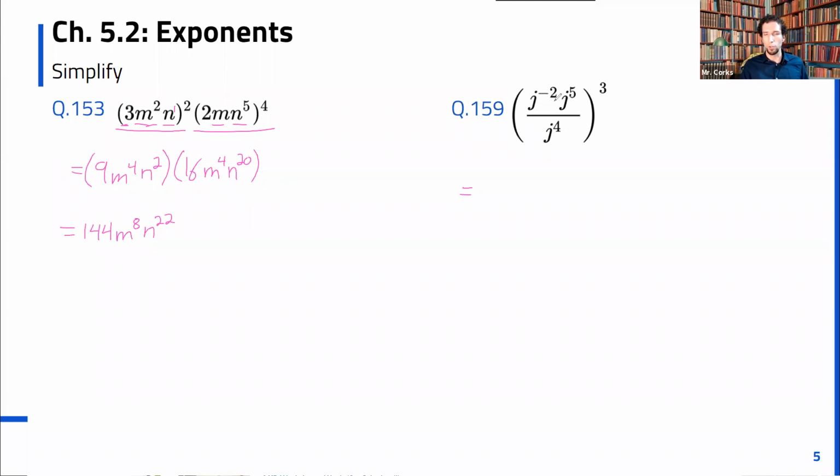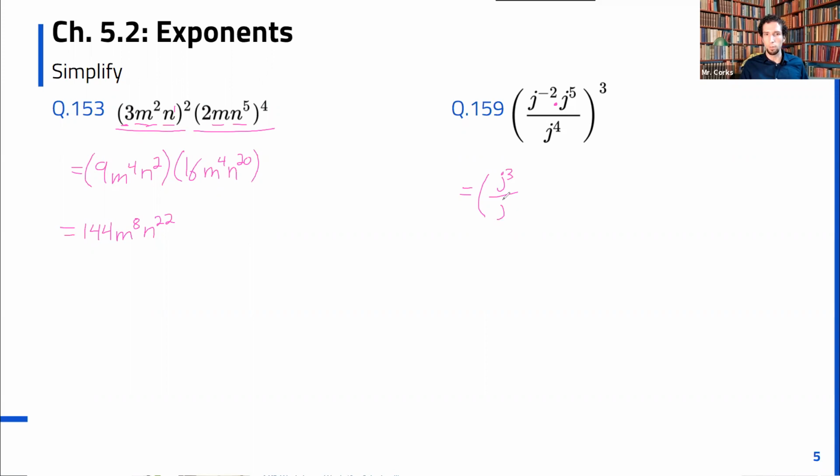So j to the exponent -2, j to the exponent 5. What are we doing with the exponents to simplify that? We're adding the two together. We have the same base and the bases are being multiplied. We understand there's a little multiplication dot in between. So -2 plus 5, 3.